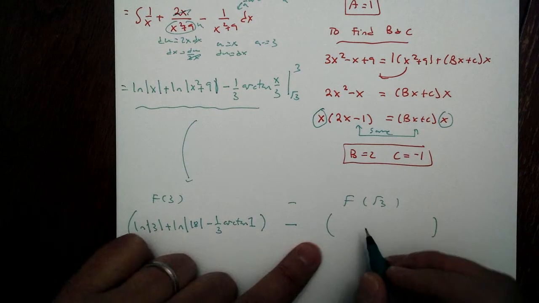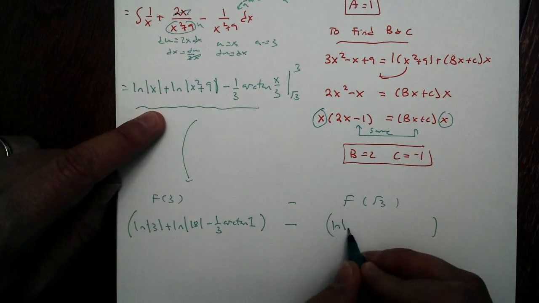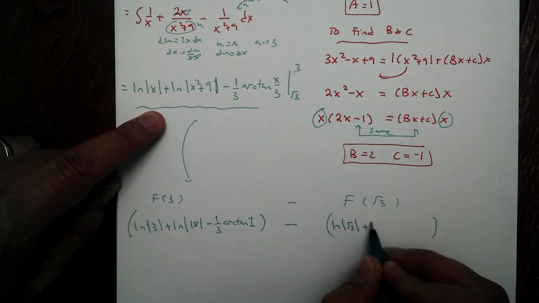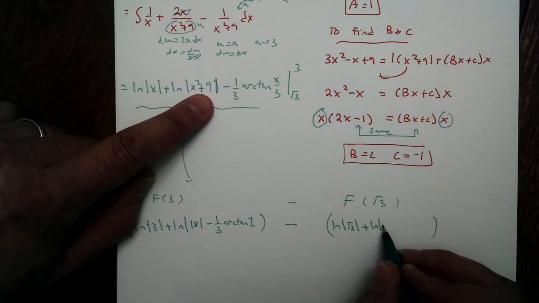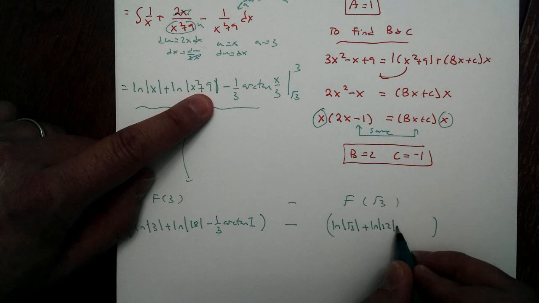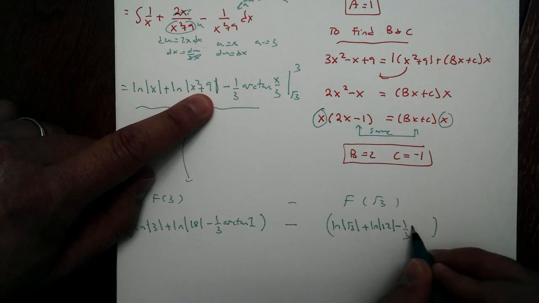Minus, plug in the root 3, we get natural log root 3 plus natural log, if I plug root 3 in here, I get 3 plus 9, which is 12, minus 1/3 the arc.